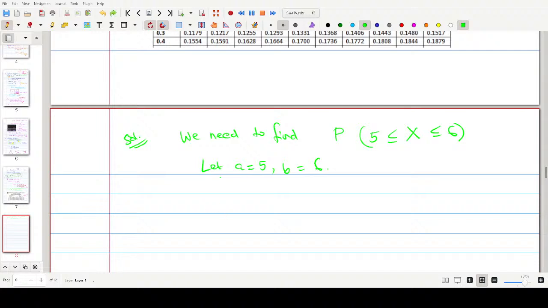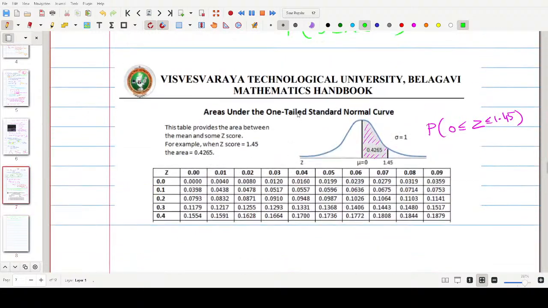But before that, from the question, what do we have? We have that mu is equal to 5 and sigma is equal to 4. It's given in the question.